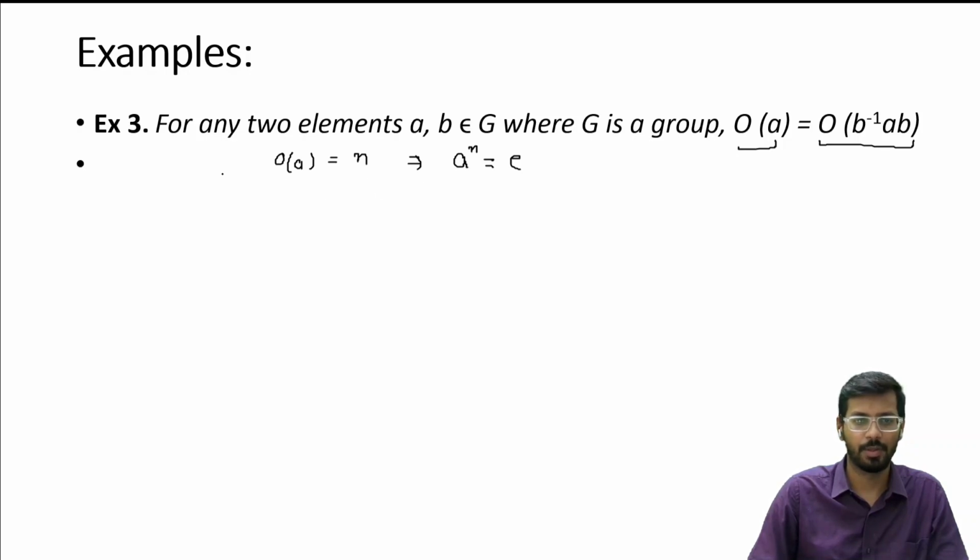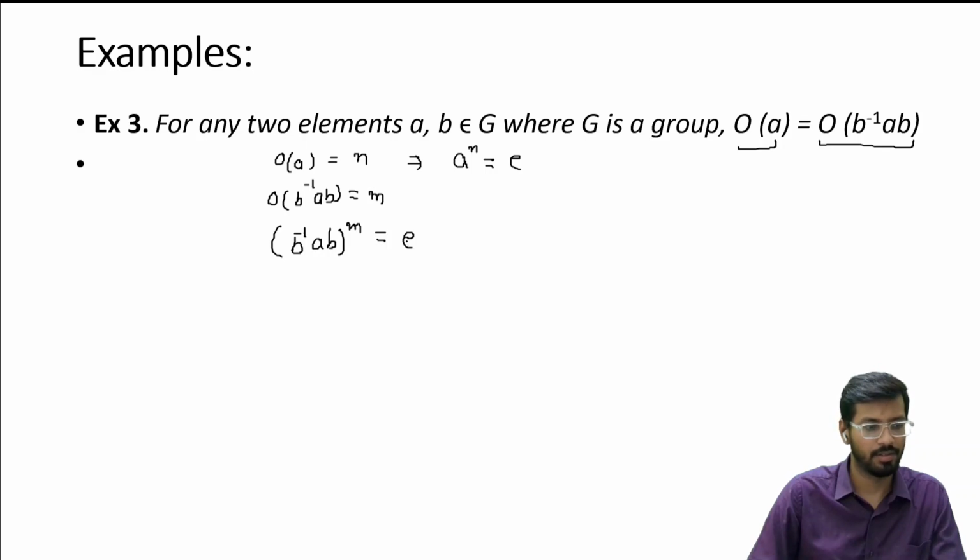Now we will take, suppose we will take order of B inverse AB is equal to m. If we take m, okay, that means B inverse AB raised to power m is equal to identity element. Okay, तो याद है, ठीक है.